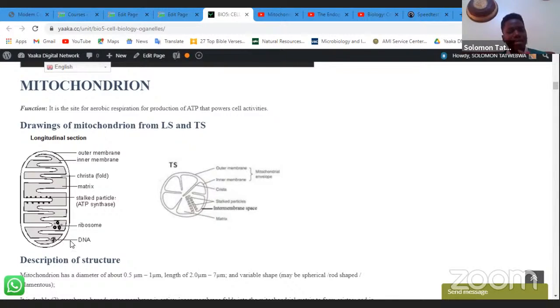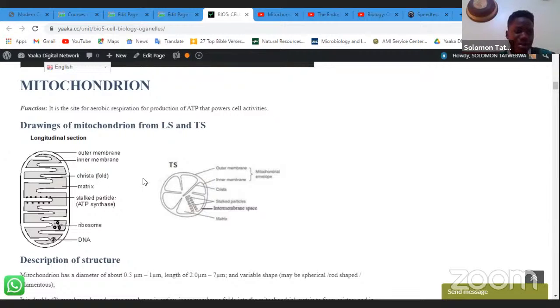The mitochondria has one of these special structures, a circular DNA. It has ribosomes. It has the matrix and the cristae, which are the foldings, and then the inner membrane and the outer membrane.